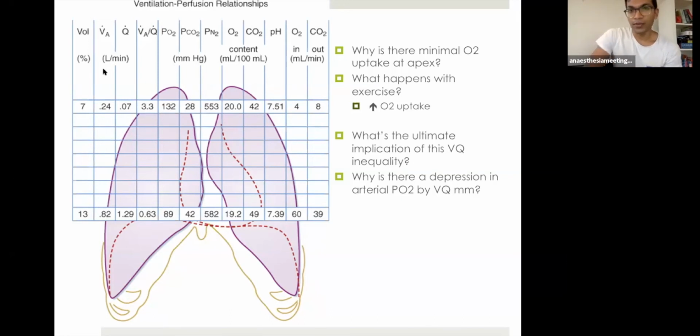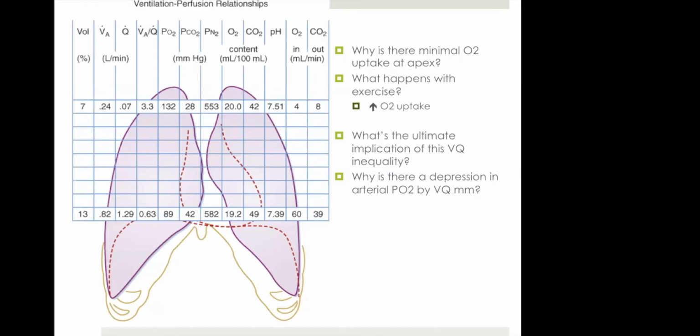That's good. So what happens with exercise? Increased oxygen uptake. Why do you get increased oxygen uptake at the apex with exercise? Because you're going to get increased blood flow to all of your organs, but predominantly your lungs as well. So you're going to have increased perfusion to all areas of your lungs.